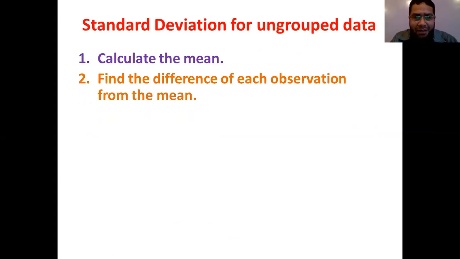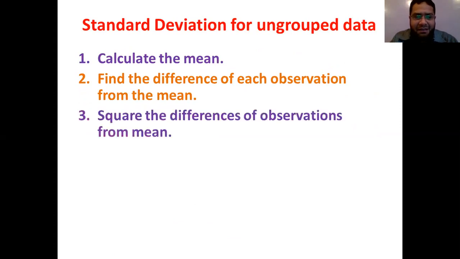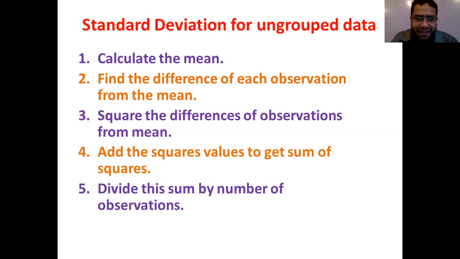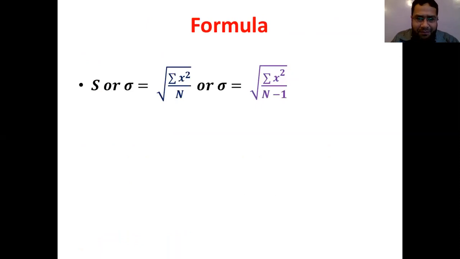Then square these differences, add the squares to get the sum of the squares, divide this sum by the number of observations, and finally take the square root. This will be clear when we take an example.